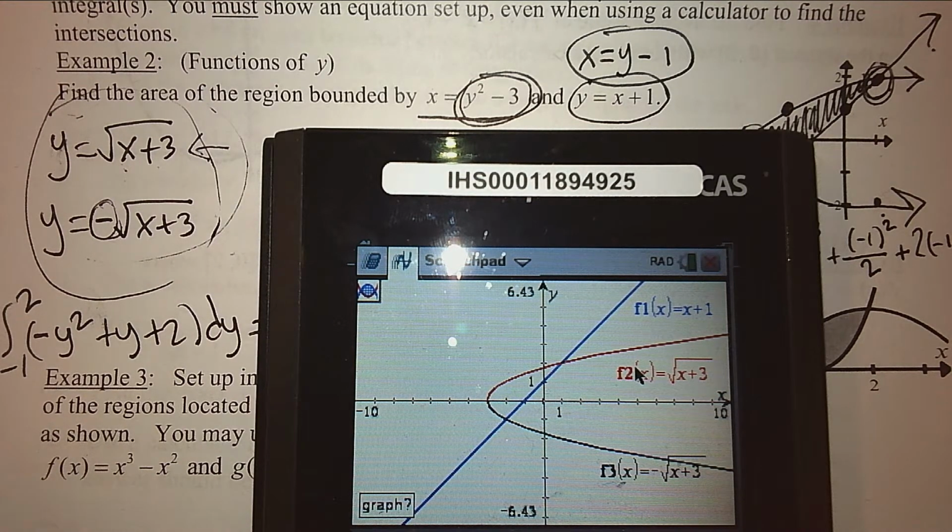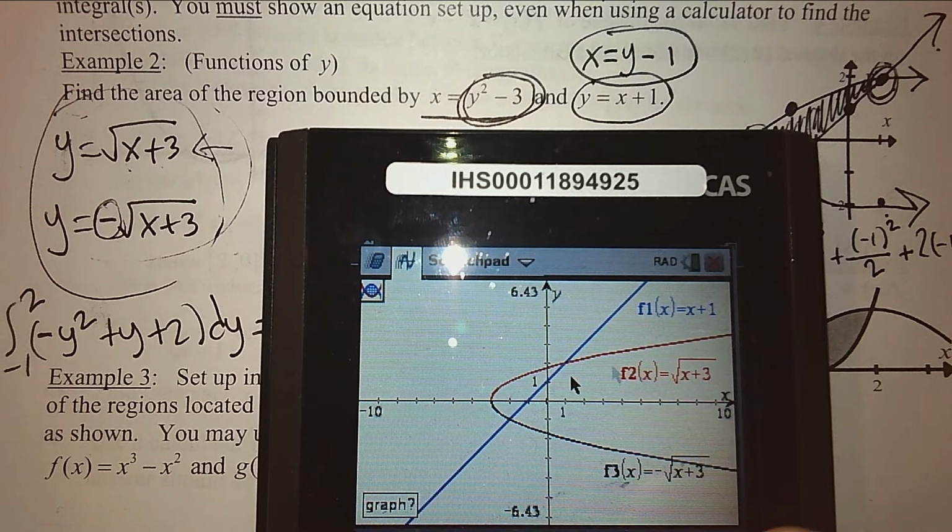So x values, the upper and lower. The lower bound is at negative 3. Oh, they want to know which graph is what. So if I go from here to here, let's see.